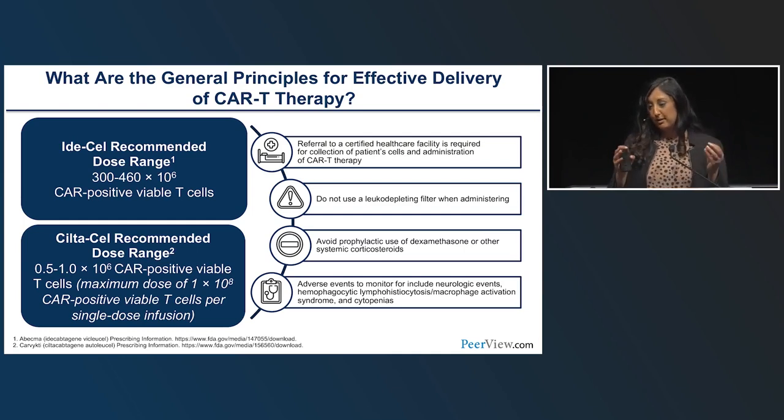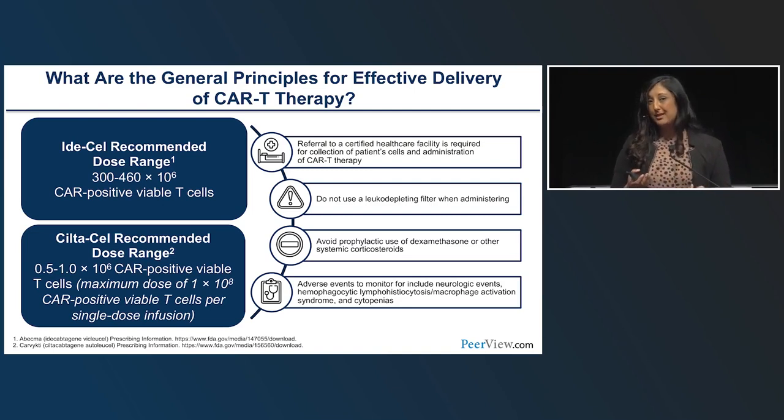We don't use leukodepleting filters for most when administering. We avoid prophylactic use of dexamethasone or other systemic corticosteroids that can actually kill the cells beforehand. And then the adverse events is the biggest thing to really be able to monitor, especially in the first 30 days. So that's where we see most of the CRS, ICANS, those types of things happening.